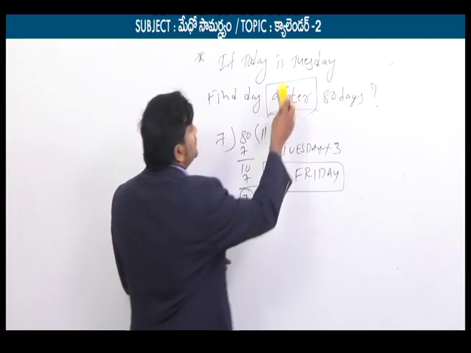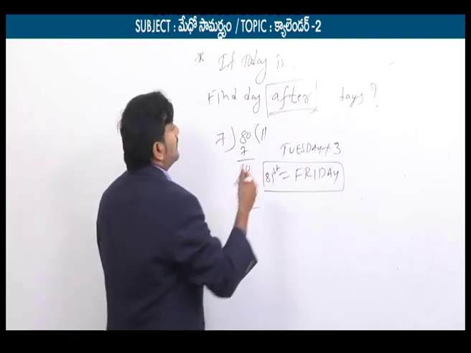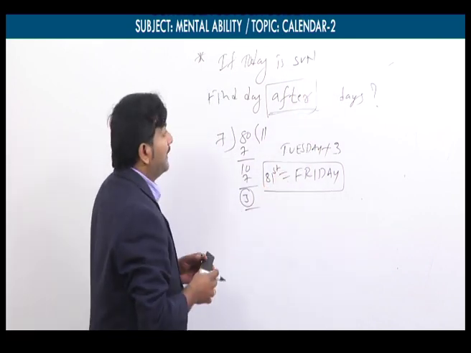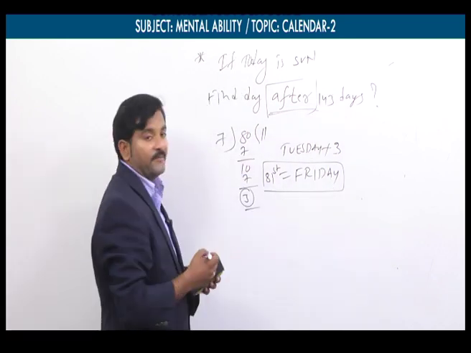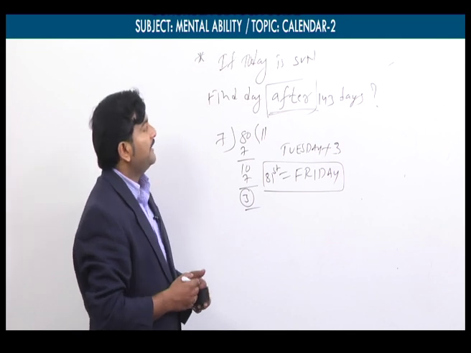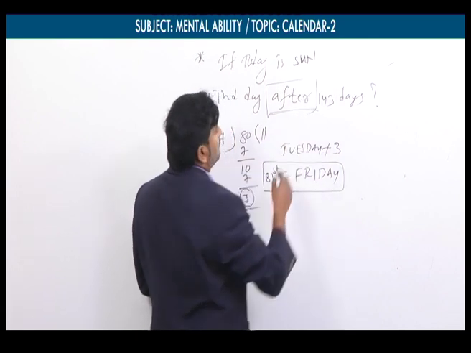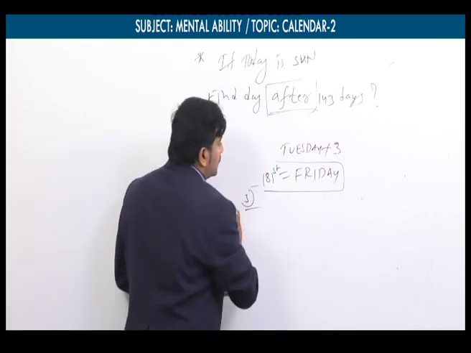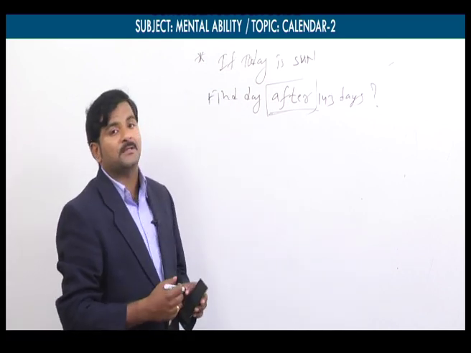We will take one more question. For example, if today is Sunday, find the day after 143 days. Now what do we have to do? We have to find the number of odd days in 143 days.